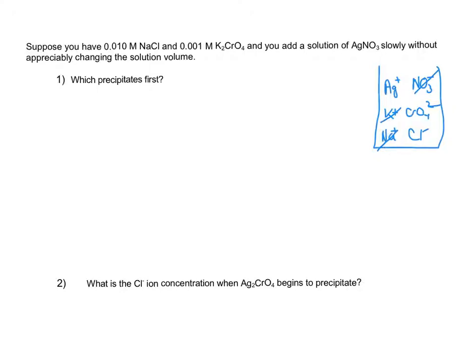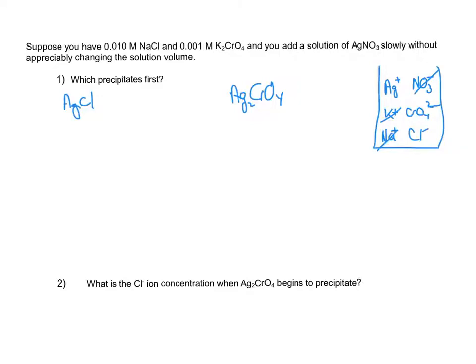So we have two options. It could either be AgCl or it could be Ag2CrO4. These are the two options. Now, you could compare their Ksps, but that's not enough.